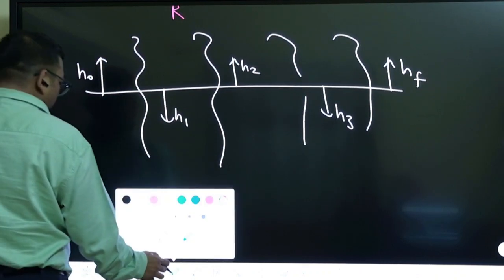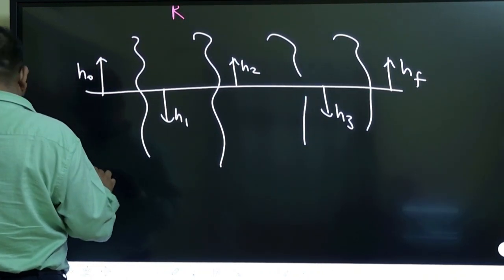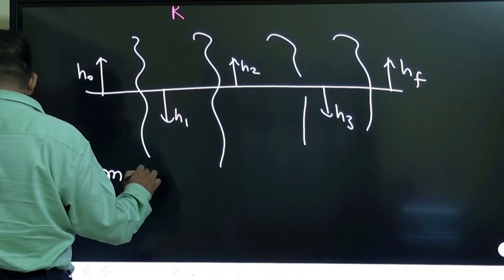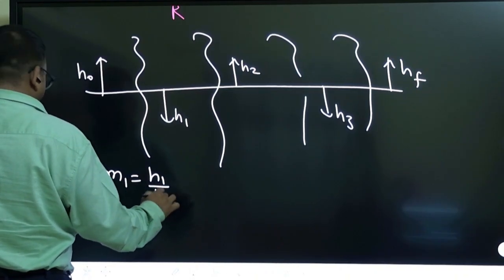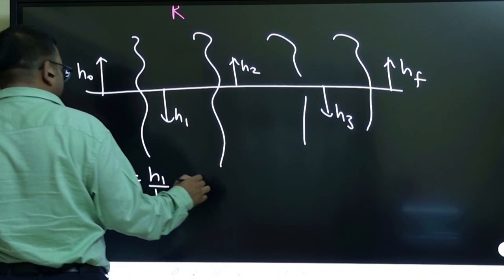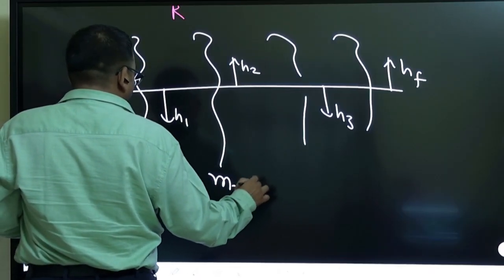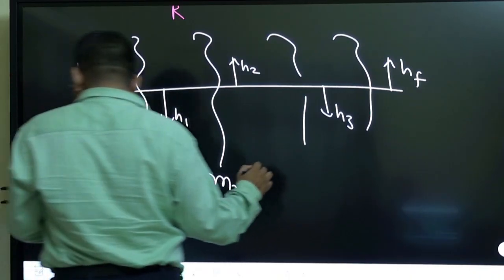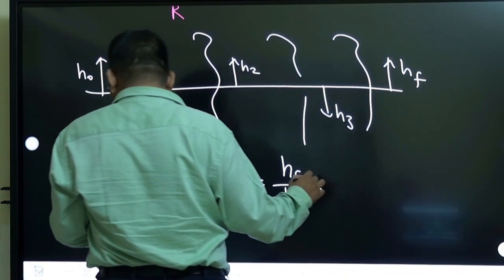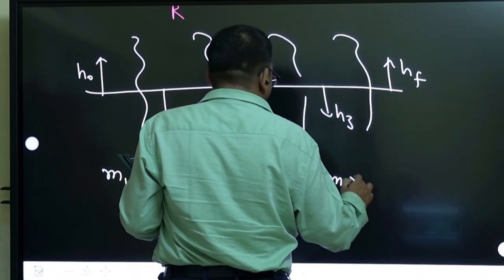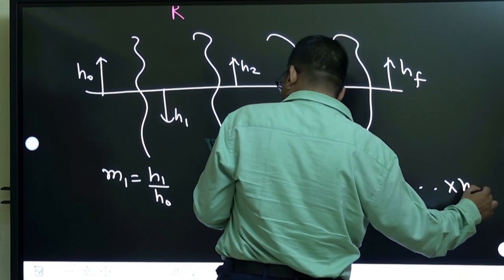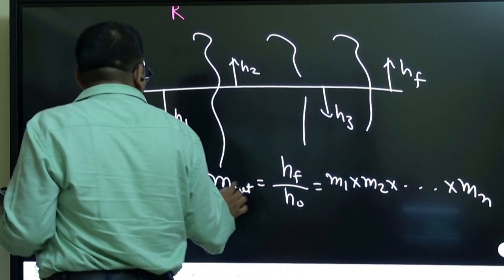So how do I calculate magnification? That's important. The magnification of the first surface is h1 by h0. Similarly, the magnifications of the other surfaces are like that. So net magnification we calculate as final height by initial object height, which you can write as m1 into m2 into all that into the last one, mn.